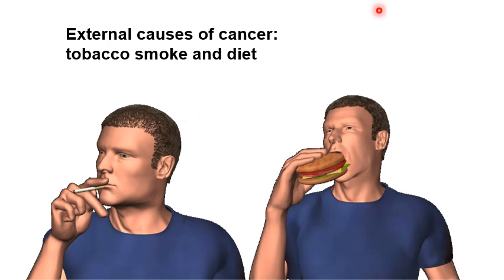There are other external causes of cancer, like, for example, smoking, where the chemicals in the cigarette smoke have been causally linked to the development of lung cancer. Lung cancer causes around 1 million deaths worldwide every year, almost all of which are associated with smoking. Tobacco smoke contains more than 60 mutagens that bind and chemically modify the DNA and mutate it.